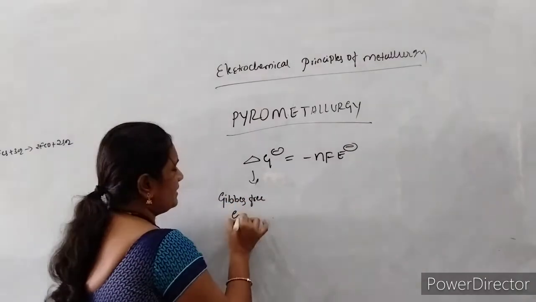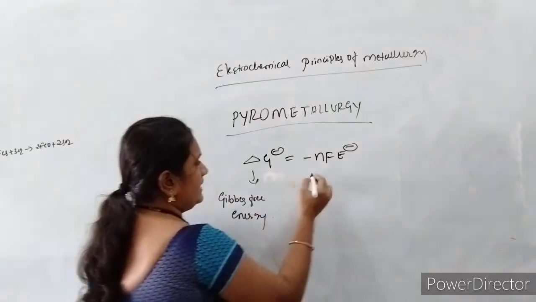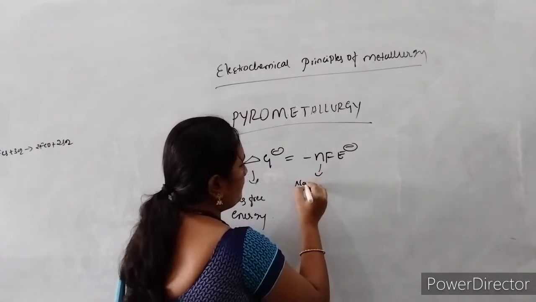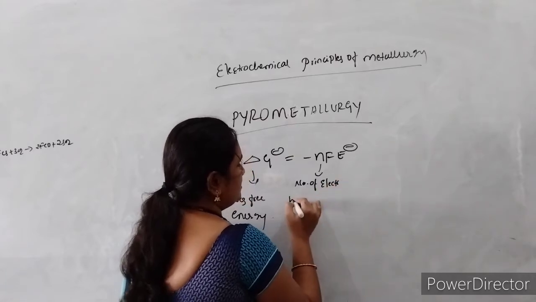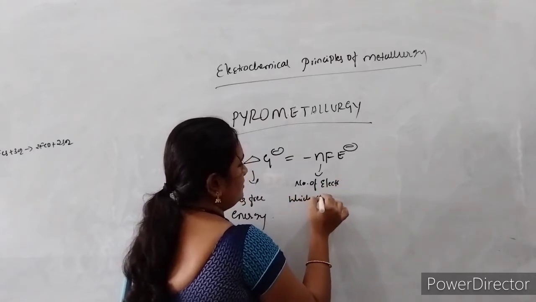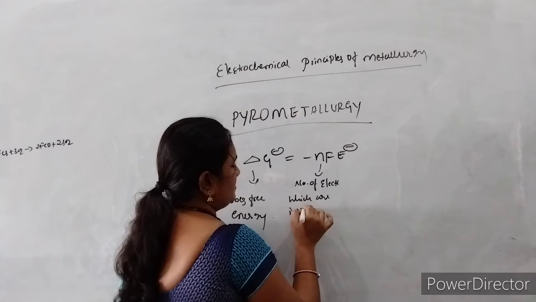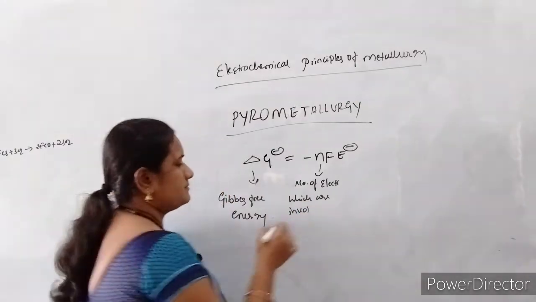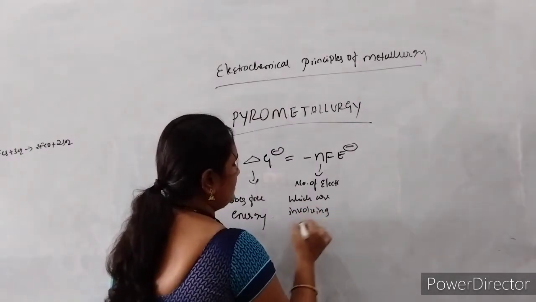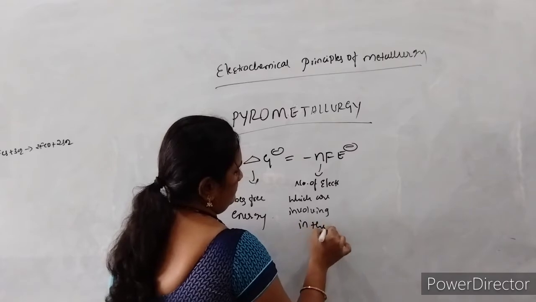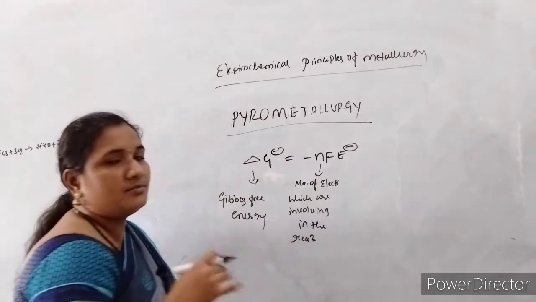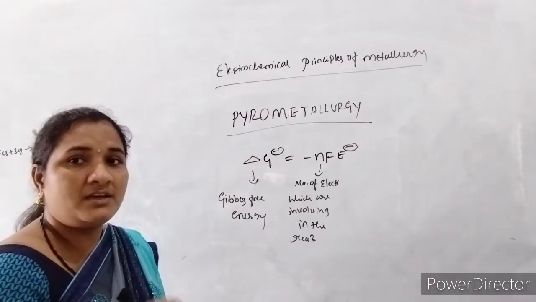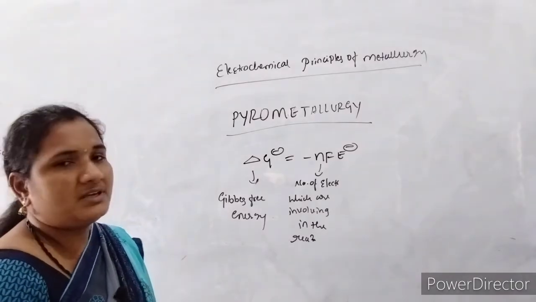and n is the number of electrons involved in the reaction, gained or donated. The number of gained electrons and the number of donated electrons must be equal in the electrochemical reaction.